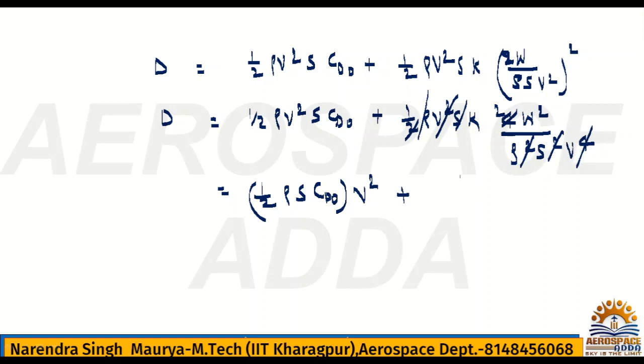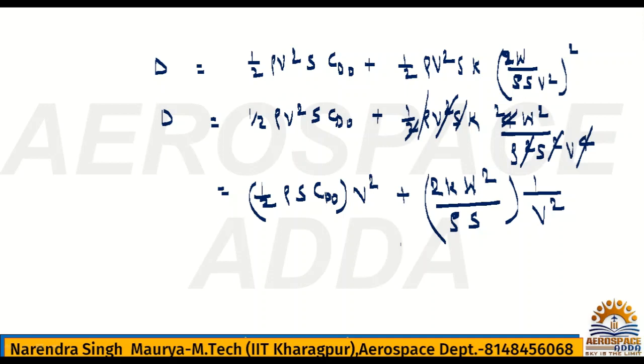So we get 2 K W square divided by rho S, 1 upon V to the power 2. It is nothing but 2 K W square divided by rho S V to the power 4.